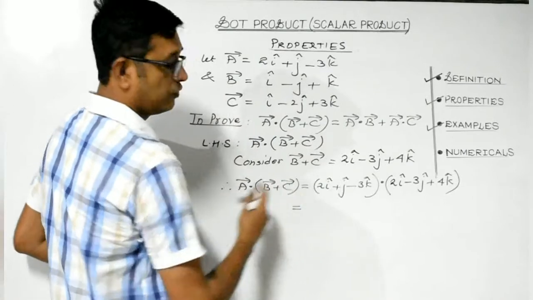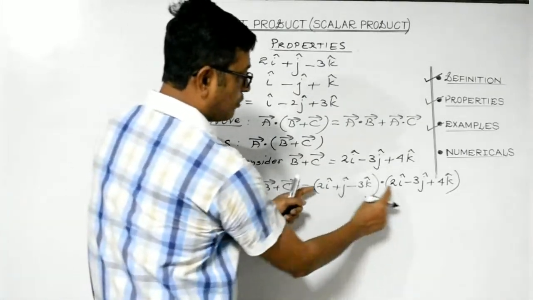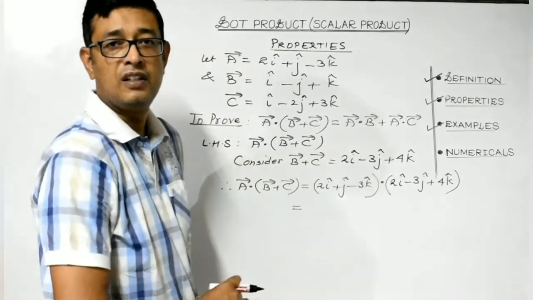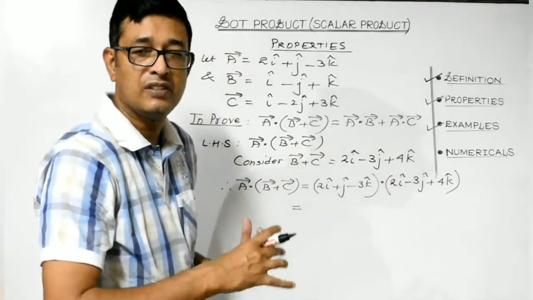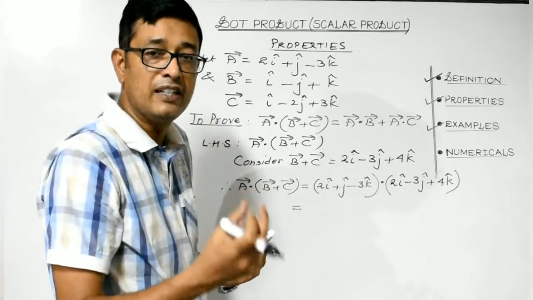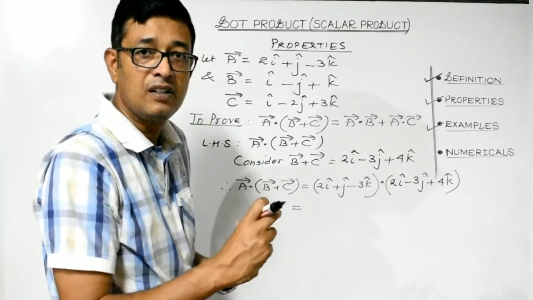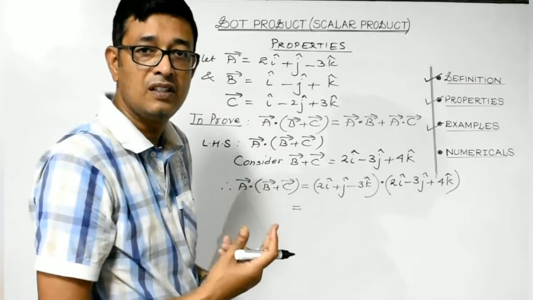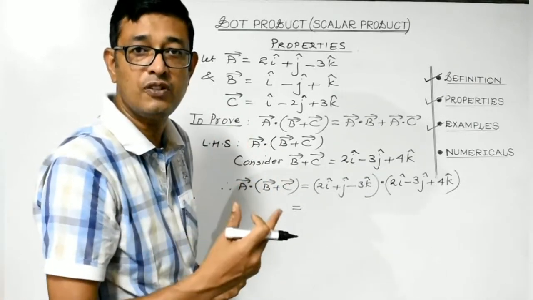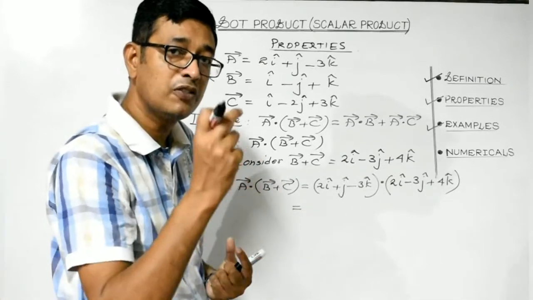Now let's solve it. i cap dot i cap is 1, i dot j is 0, i dot k is 0. We are aware of it. The dot product of two vectors given in rectangular components would be given by the product of the coefficients of i on both the vectors, plus the product of the coefficients of j cap, plus the product of the coefficients of k cap.